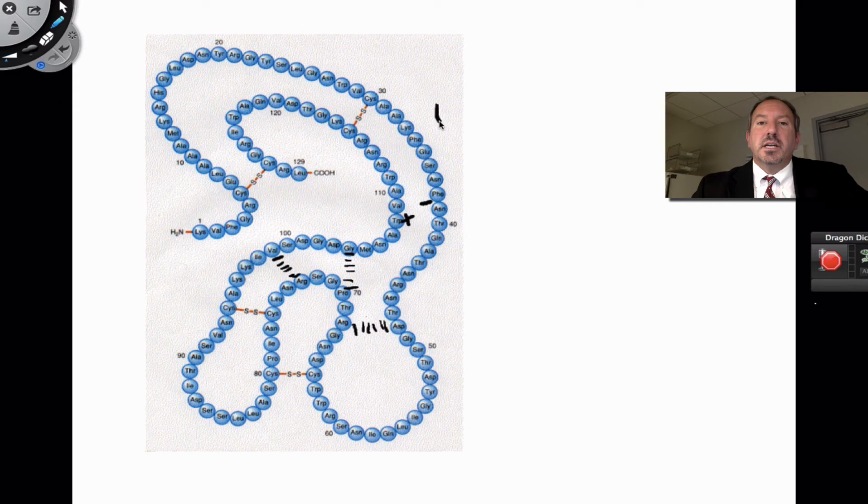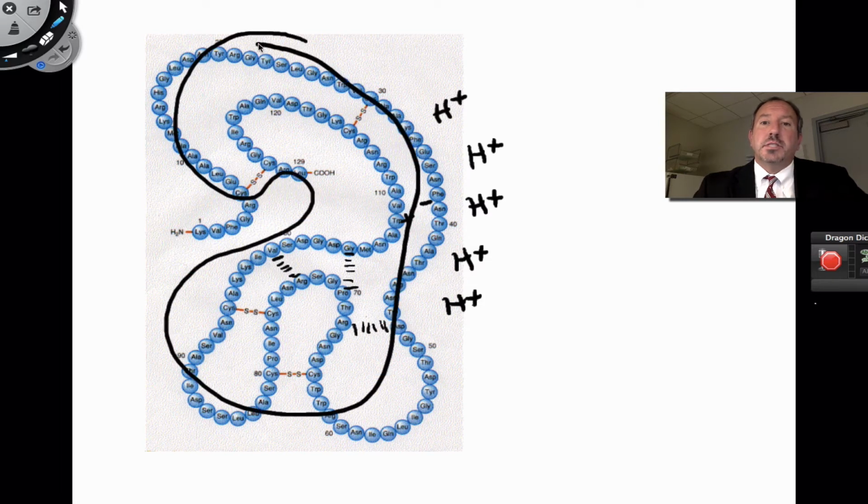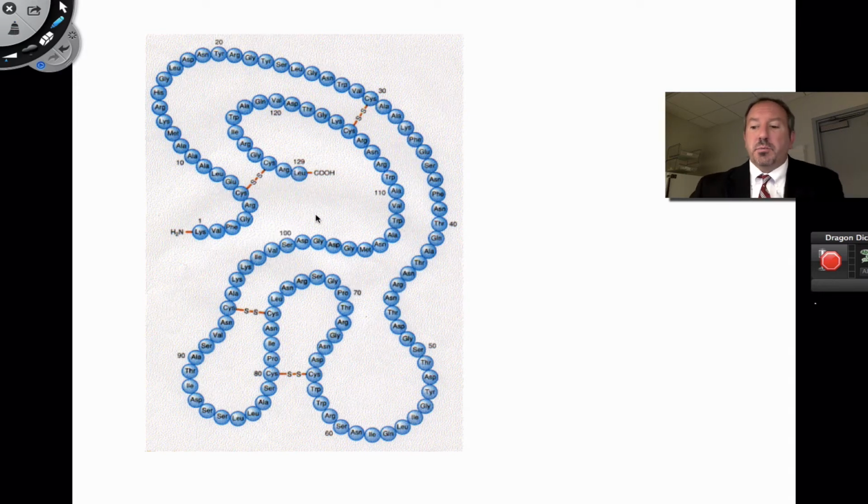So if the solution becomes dramatically acidic or dramatically basic, this will affect the bonds that hold the overall shape of the protein. And so acids and bases can affect protein shape. I just wanted to point that out.